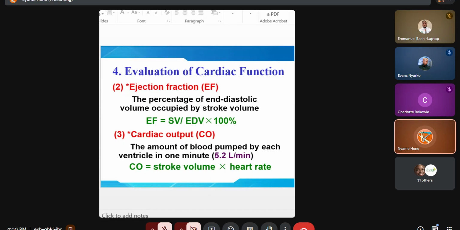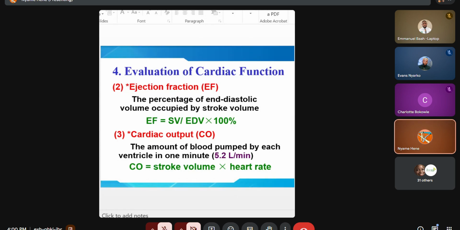If you want to know the heart rate, we calculate the pulse, which comes in beats per minute. Someone's heart rate may be 78 beats per minute, or 98 beats per minute. It was calculated in 1 minute. So to calculate the cardiac output, it is stroke volume times heart rate.